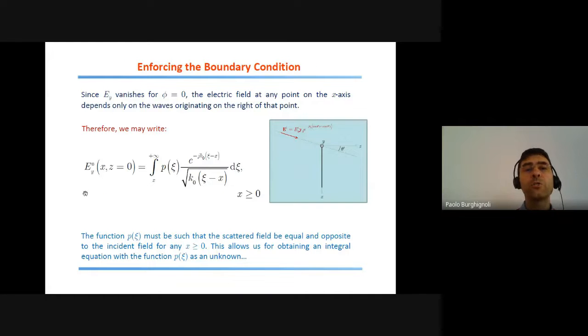That is, we wish to write the scattered electric field, as you can see in this formula, as an integral superposition of these elementary waves. As you can see now, here there is an integration variable, psi.